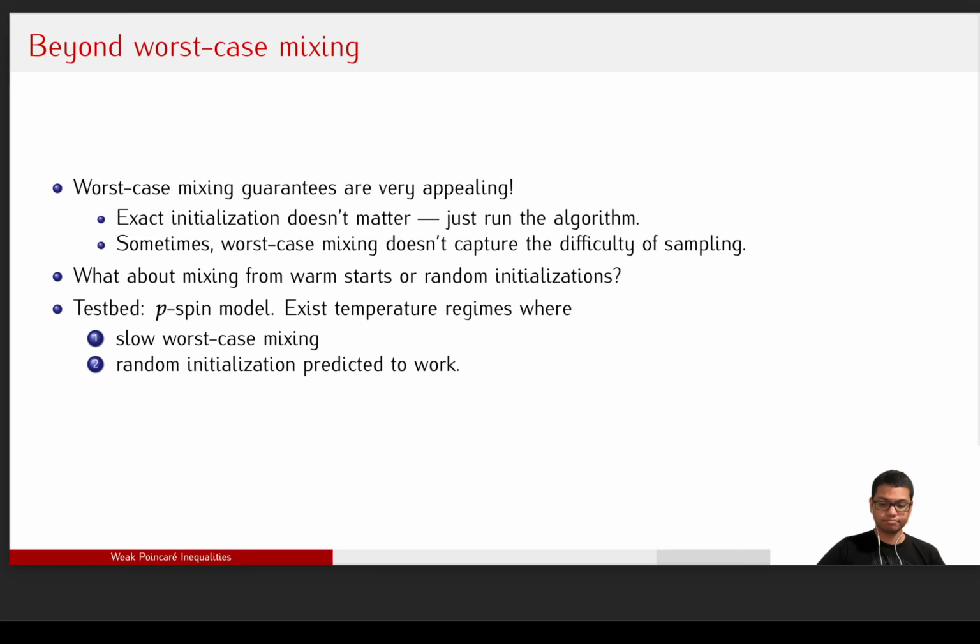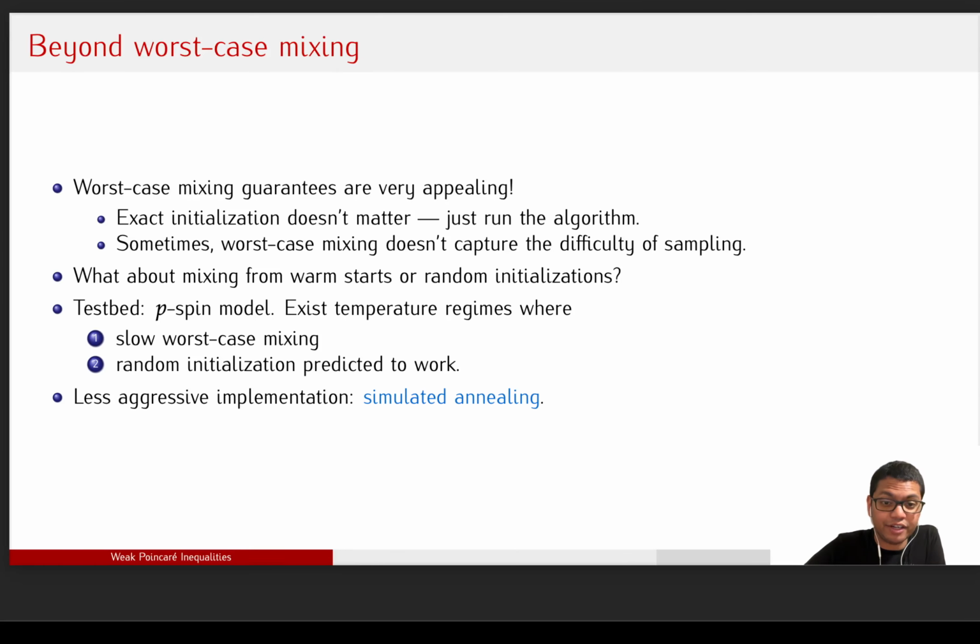But also, if you initialize the Markov chain randomly, then it is predicted to actually work and successfully sample. And today we will be studying a variant of the random initialization scheme, an algorithm known as simulated annealing that's used very widely across various domains. It is a way to devise a good initialization for a Markov chain.